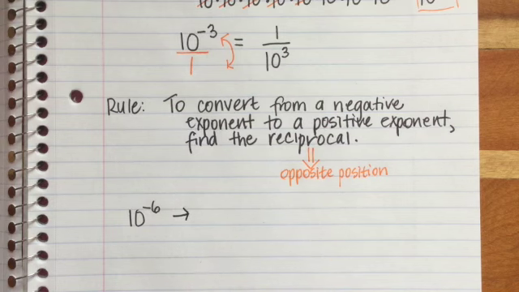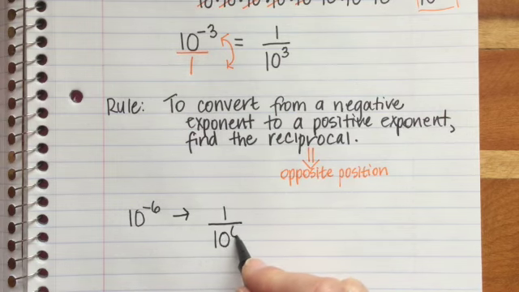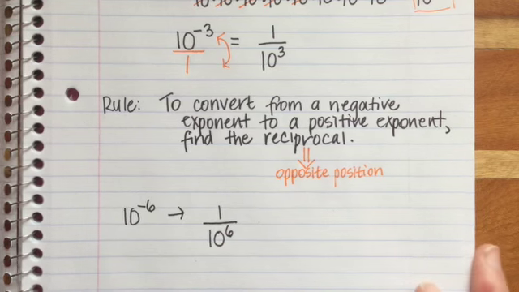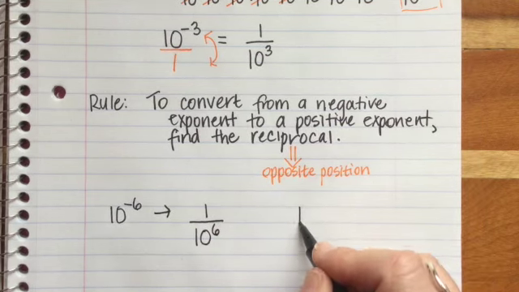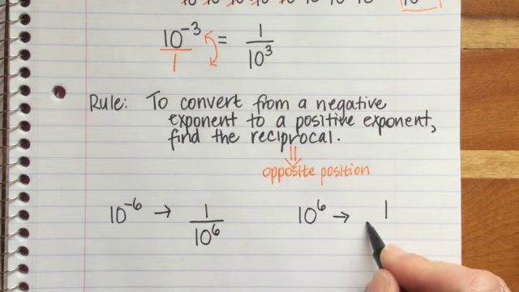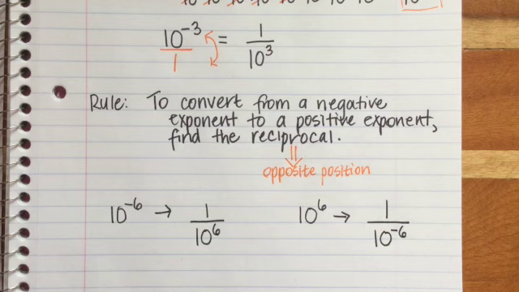Right now that's in my numerator, so I'm going to write it as the opposite and put it in the denominator, and by doing that, it makes my exponent positive. The opposite is also true. So if you start with 10 to the 6th power and you flip it into the reciprocal, you also have to flip the sign. Now, I don't know why you do that, but you could absolutely, that would be written in the same way, but with a negative exponent.